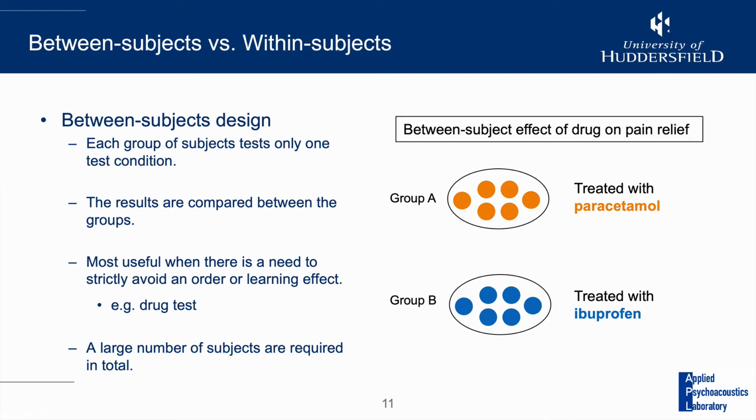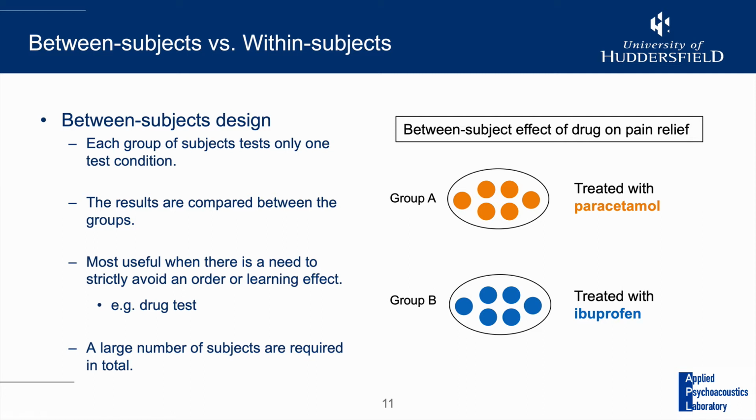Then this design, between subject design, makes sense because you can't treat the same subject with both drugs, in which case you don't know which drug actually worked or whether it was both that worked collectively or not. The result would be influenced by in which order you treated the drug to the subject. So in this kind of case, you want to strictly separate the subject groups for testing the stimuli.